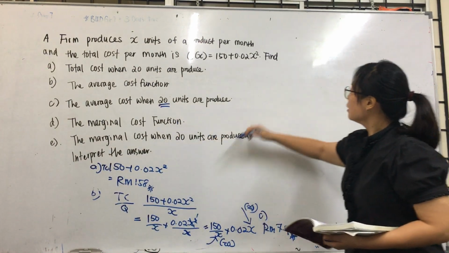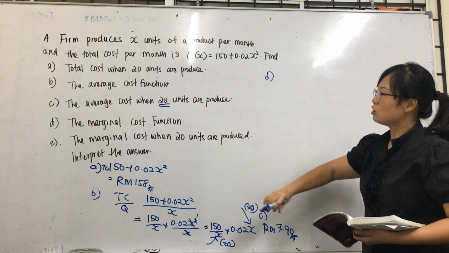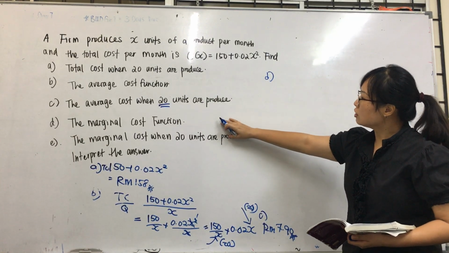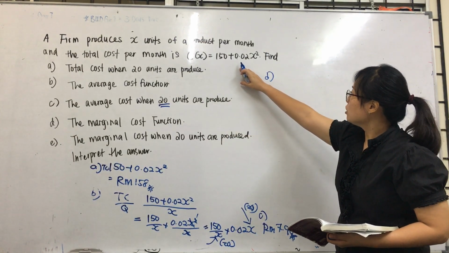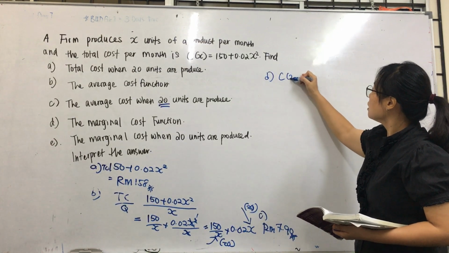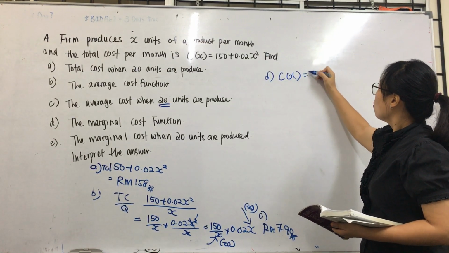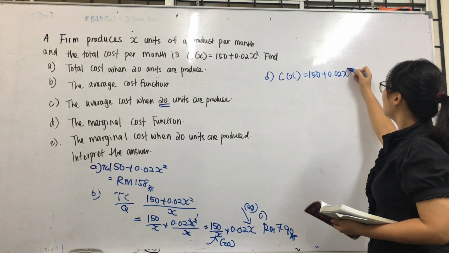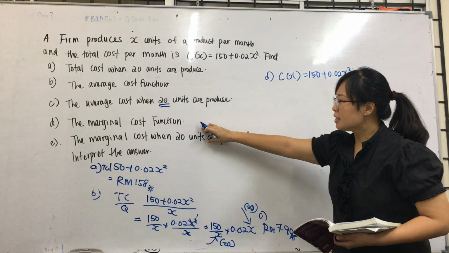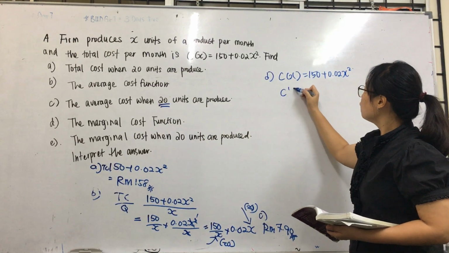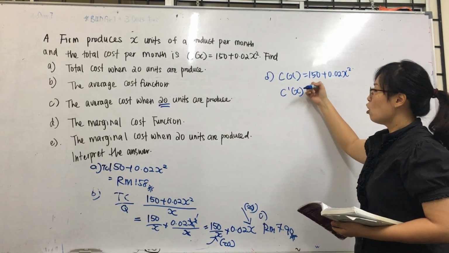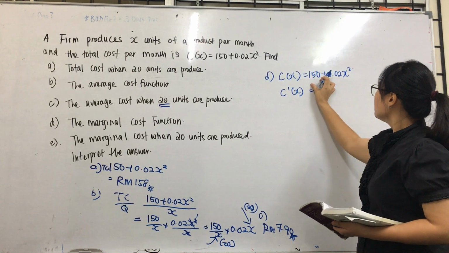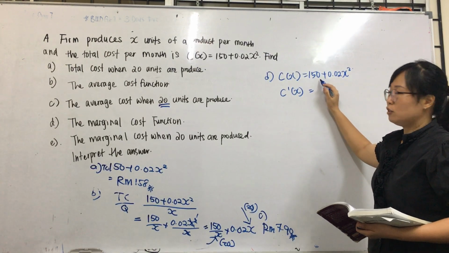For your D, the marginal cost. For marginal cost here, you got the cost function here, right? The cost function here is 150 plus 0.02 x to the power of 2. To find out what is the marginal, you have to differentiate the cost function. This one, you don't have any x to differentiate, right?